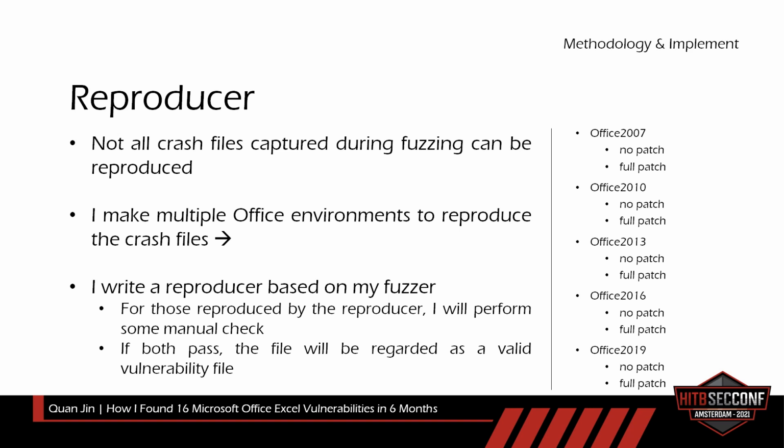I make multiple Office environments to reproduce the crash files, including but not limited to these: Office 2007, Office 2010, Office 2013, Office 2016, and Office 2019. For each version I make a no-patch environment and a full-patch environment.